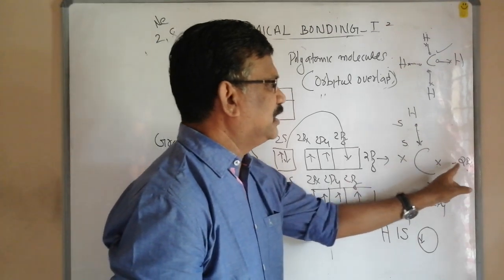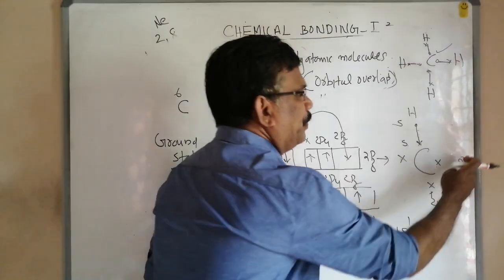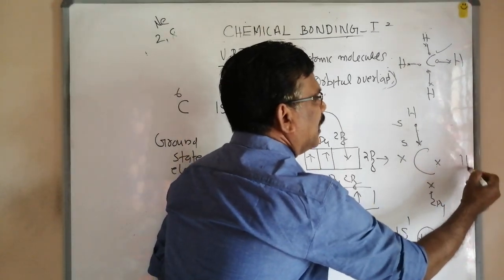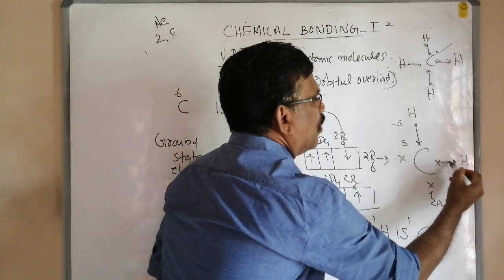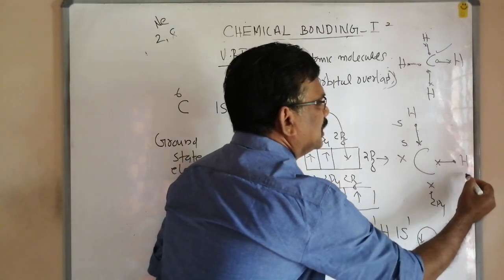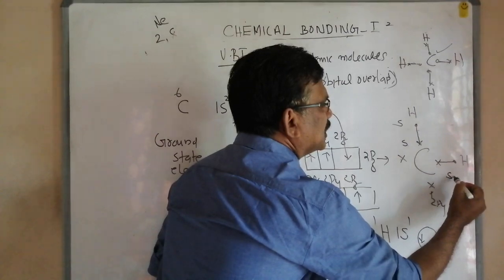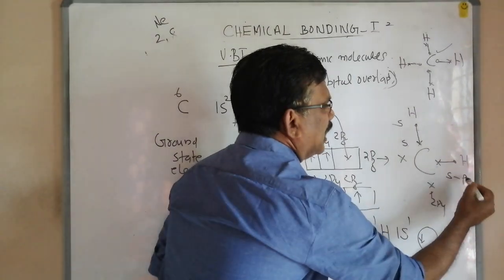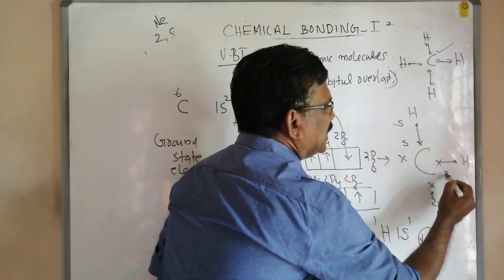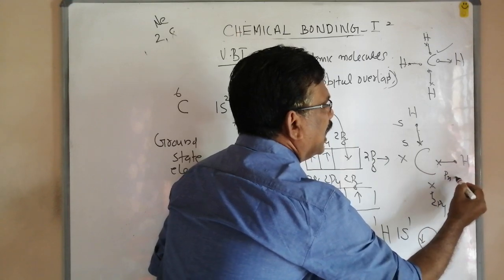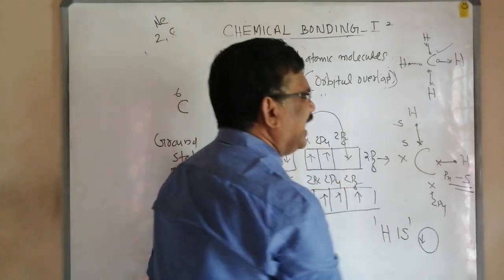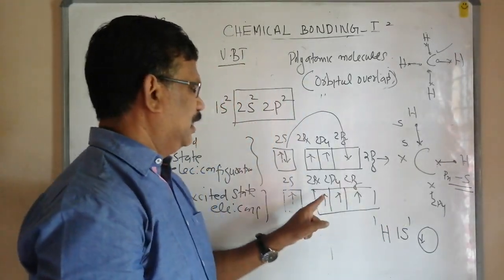And another carbon with 2px electron, and an H atom comes with an s electron, and a covalent bond is formed, and this is s-p overlapping. Yes, hydrogen s and carbon px. This covalent bond is s-px overlapping.